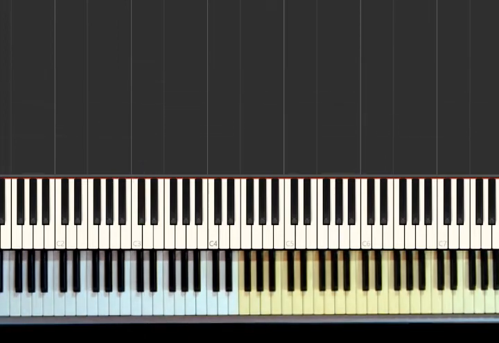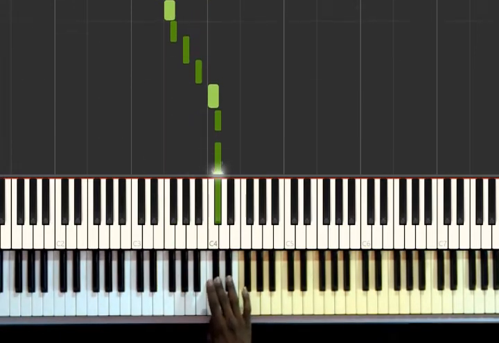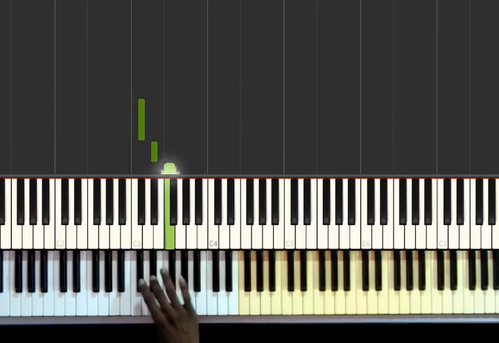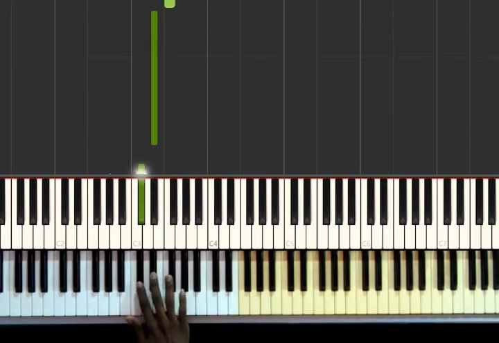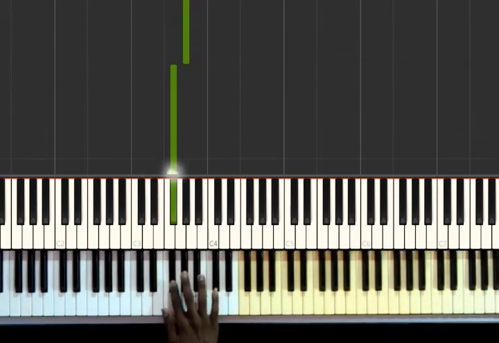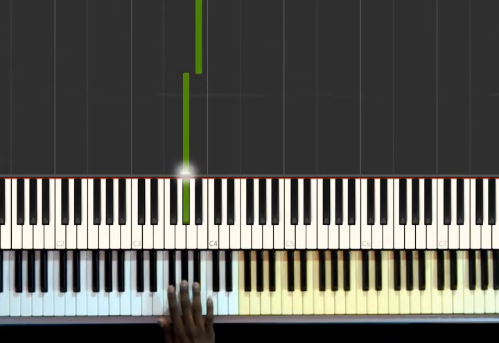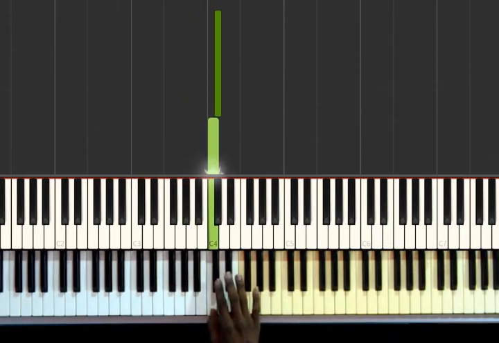The key of C sharp. We found. So this is how we play. So 2, 3, 1, 2, 3, 4, 1, 2.